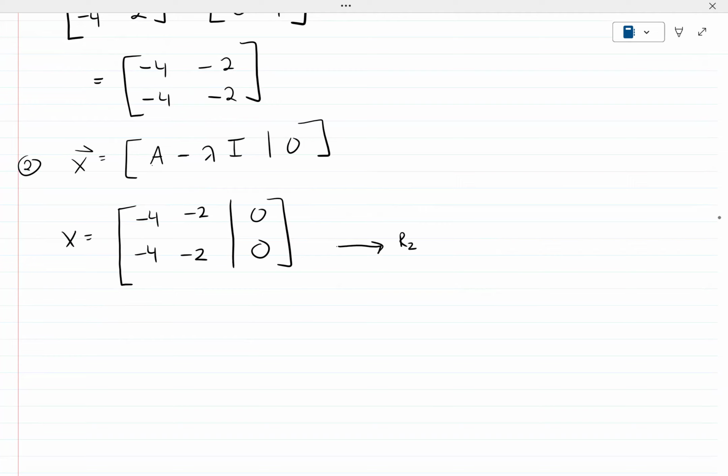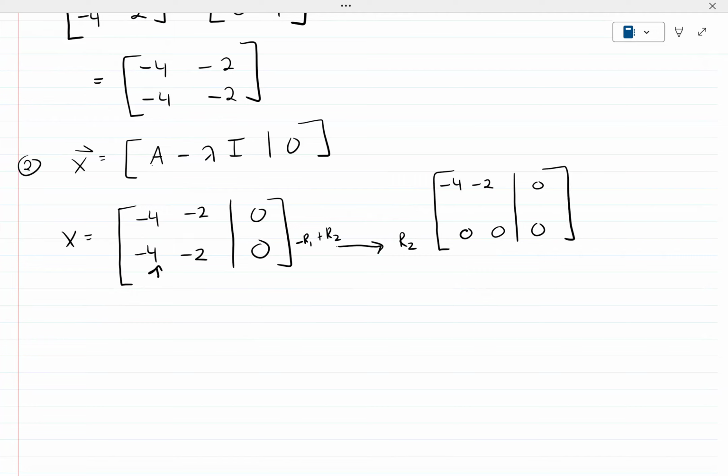To make this -4 into a 0, all you've got to do is -1 row 1 plus row 2 gives us row 2. So when you do the work, you should get 0, 0, and then 0 over here. Row 1 hasn't changed, so it's going to be -4, -2, and this is still 0.